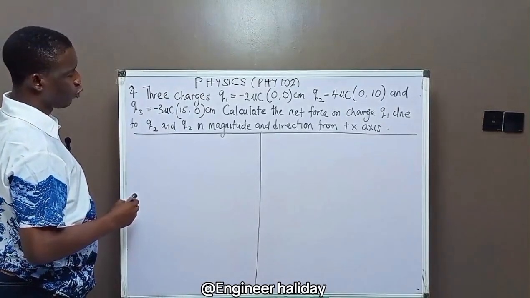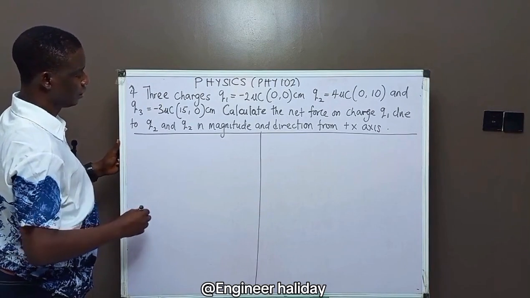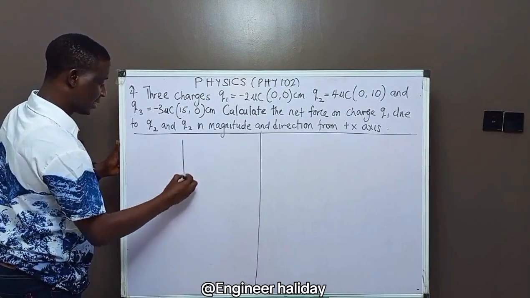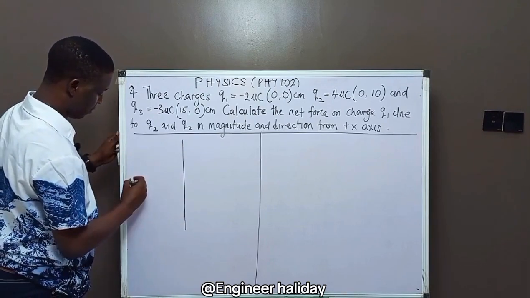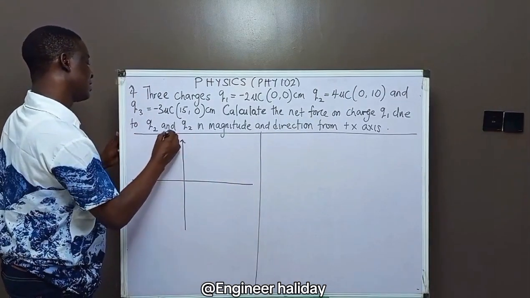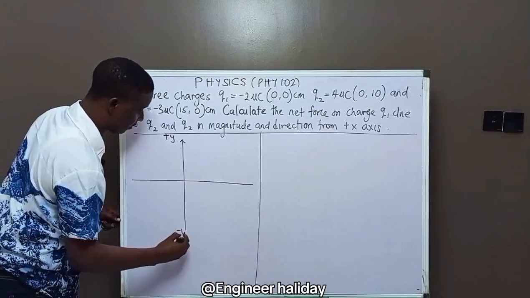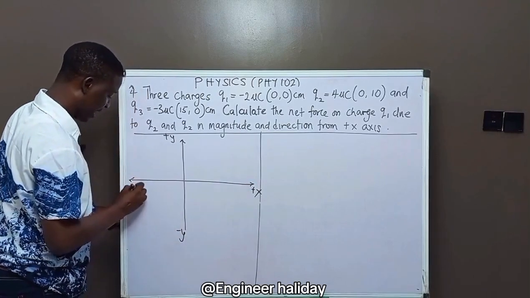Now, three charges: Q1, minus 2 microcoulomb, at 0, 0. Let's say we have our vertical and horizontal components. This is plus y, this is minus y, plus x and minus x.